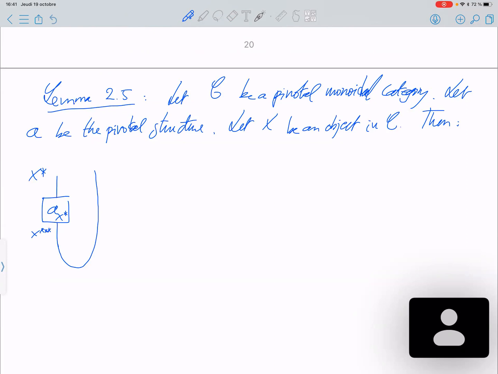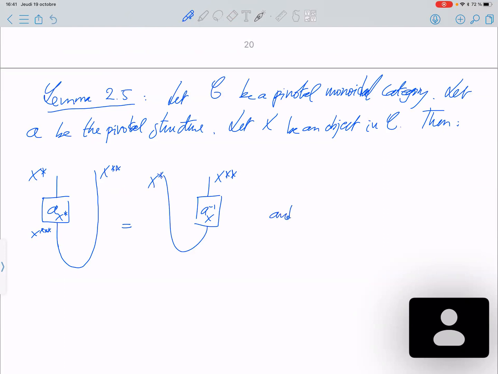So this picture is equal, you can put on the right like that, A_X inverse between X double star. So here is X double star, like that, X star.